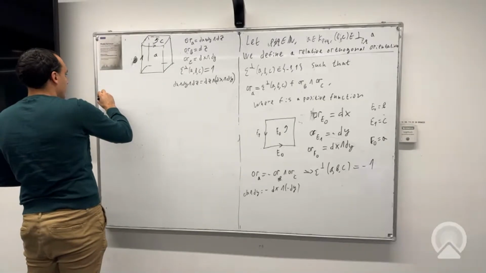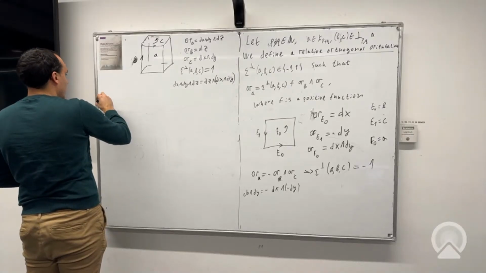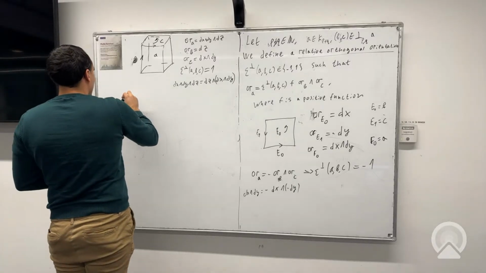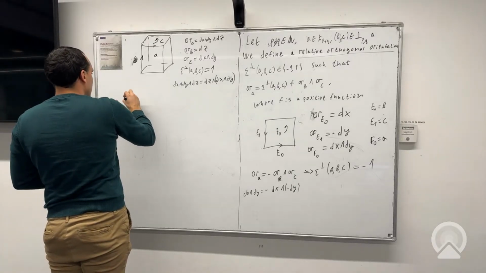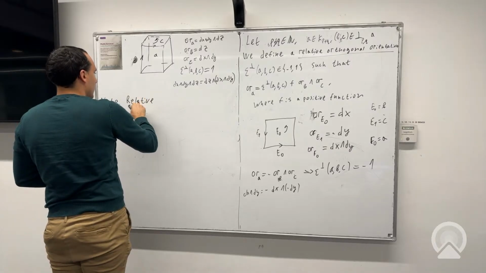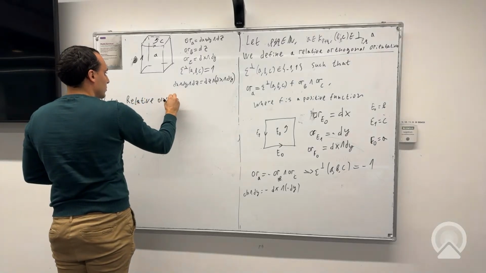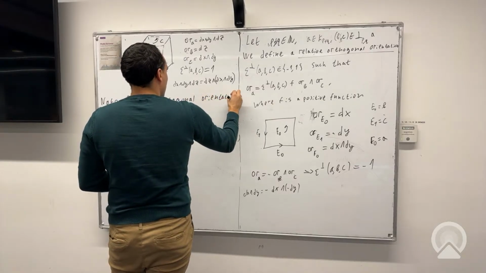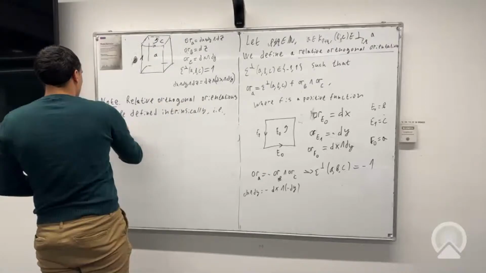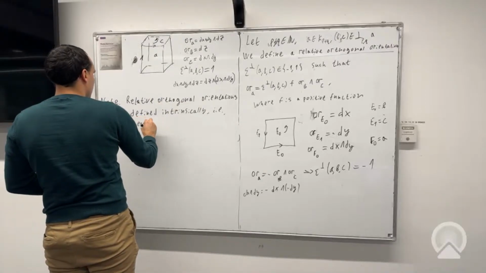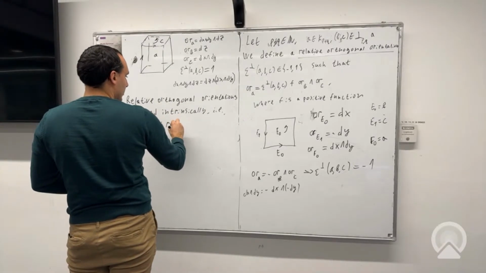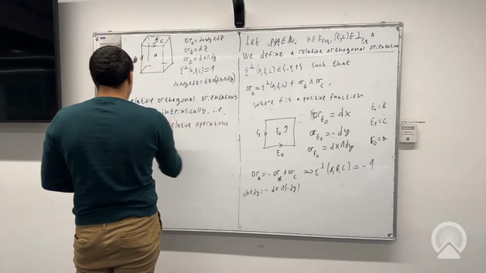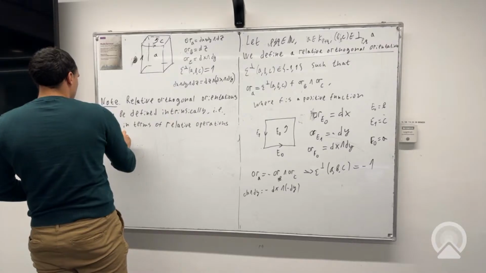Okay, let me be a separate definition. Okay, let's make some note. Relative orthogonal orientations only in terms of relative orientations, which is the boundary operator, relative operations, and the mesh topology.